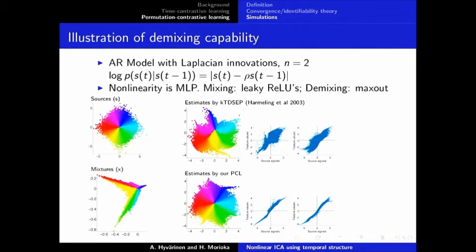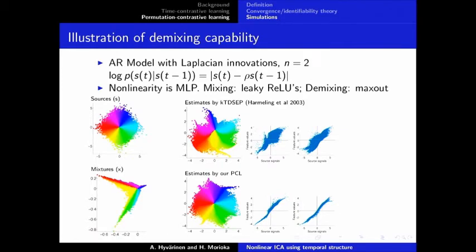And the demixing is also modeled by an MLP, but this time with more flexible nonlinearities given by the maxout. So the data is actually the same as earlier. So we have two independent components and a highly nonlinear mixing. Now our method basically gives you this.